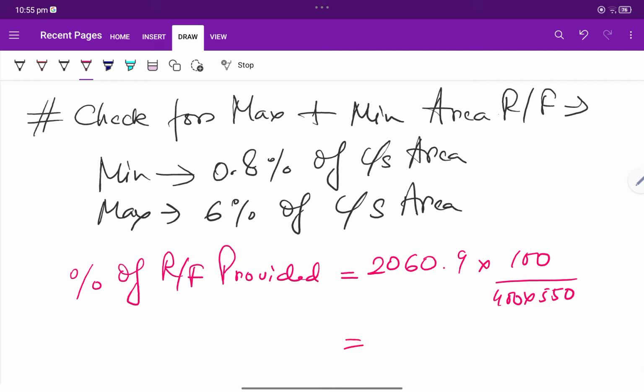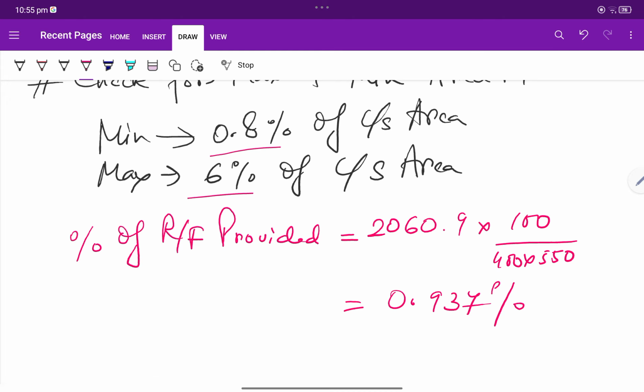If you calculate it, it will come to 0.937%. So it is greater than 0.8 and less than 6%, so it's okay, we can provide it. This area of steel is okay.